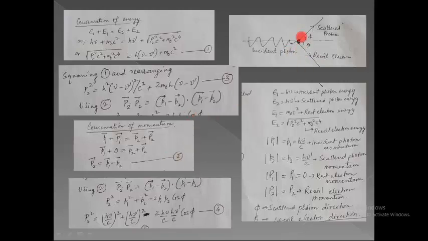Sorry, phi. This is p1, this is p2, the angle is phi. Because what is p1? p1 is this vector, which is moving in this direction. And p2 is the vector momentum for the scattered photon, this direction. So what is the angle between them? It is phi. So I'm writing p1 into p2 cos phi.